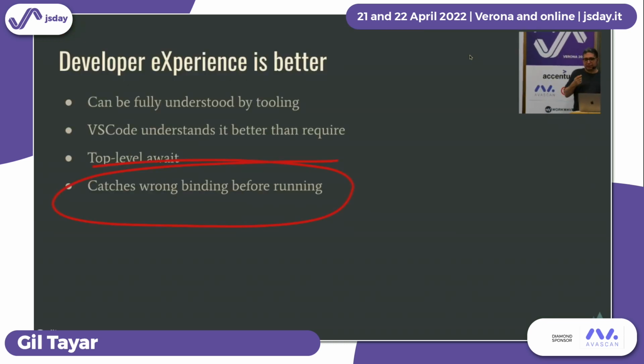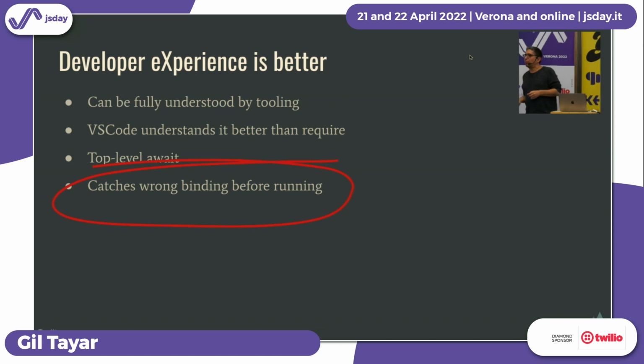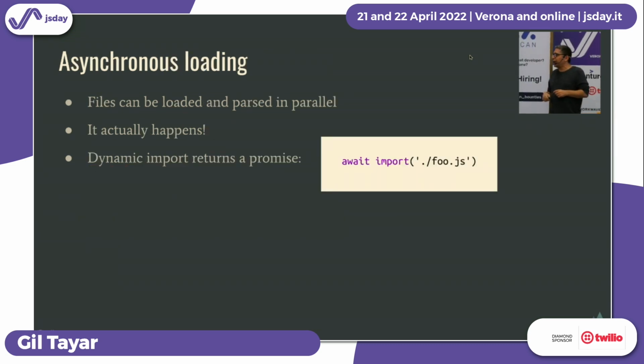And this is why the developer experience is better. It catches the wrong binding before the running. And it's doing asynchronous loading. So remember the two files, the who and the greeting at the bottom? They can be loaded at the same time and parsed at the same time.